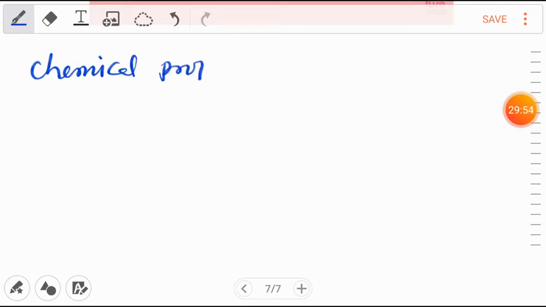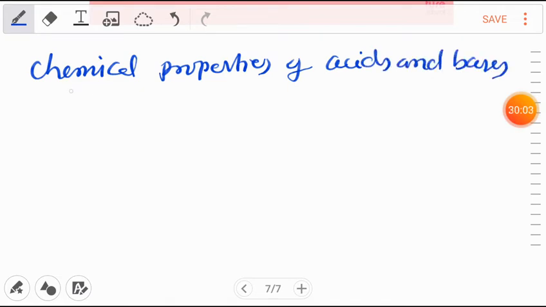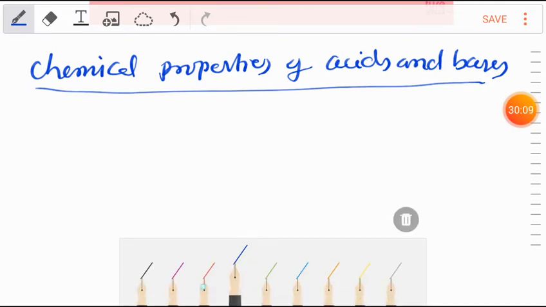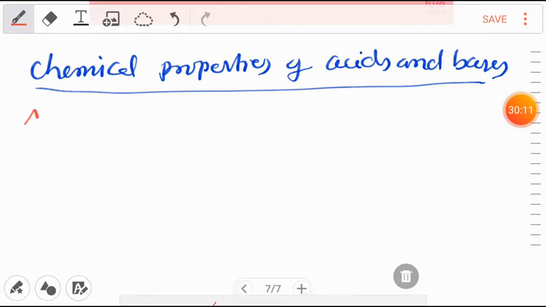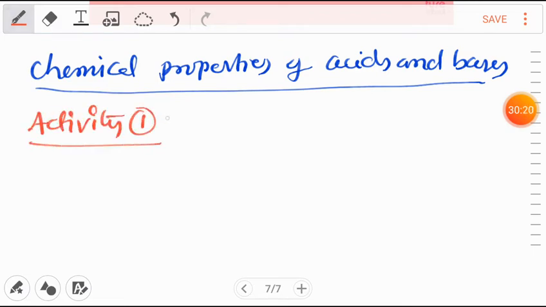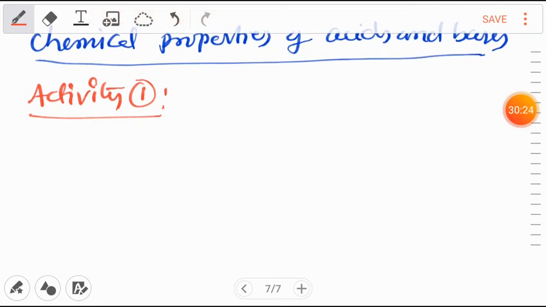To understand the chemical properties of acids and bases, we will do one activity. Activity 1. We'll see activity 1.